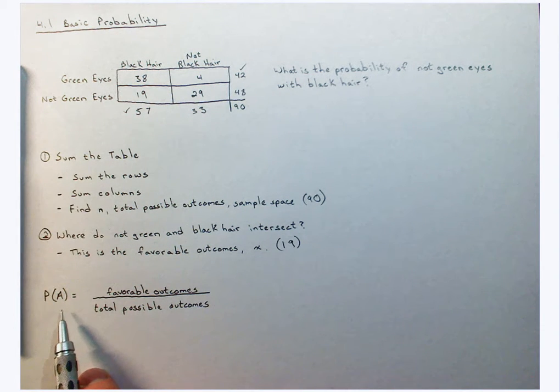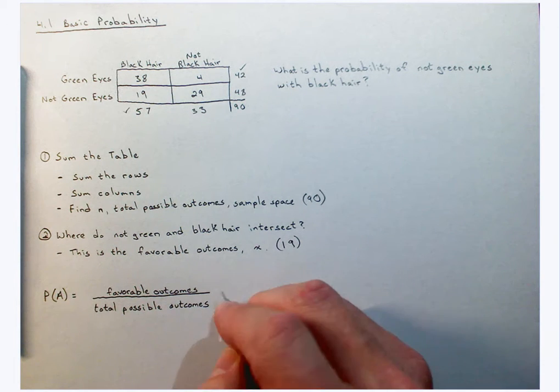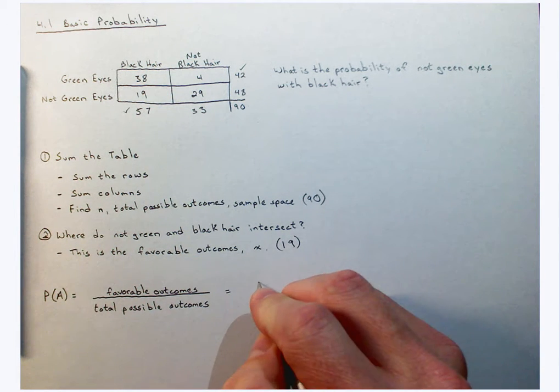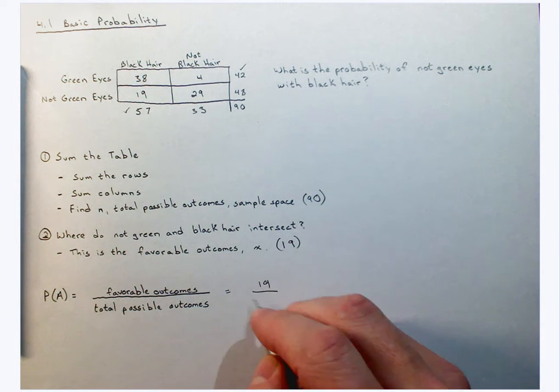and it leads us back to our basic setup for probability. The probability of some event equals favorable outcomes divided by the total possible outcomes. Well, my favorable outcomes, 19. My total possible outcomes, 90.